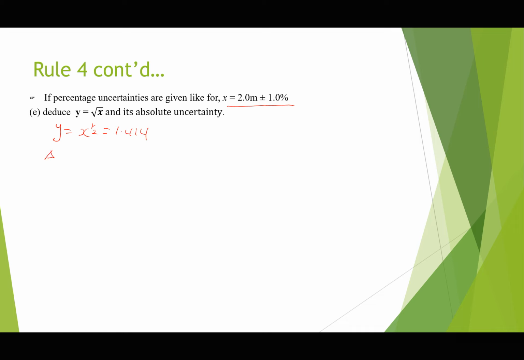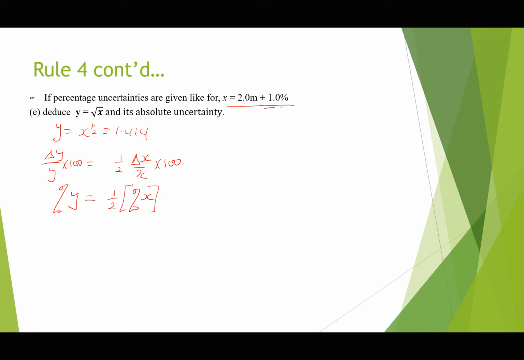Then the fractional uncertainty in y over y is equal to a half times the fractional uncertainty in x over x. If I multiply this by 100 and this one also by 100, I have the percentage uncertainty in y being equal to a half times the percentage uncertainty in x.